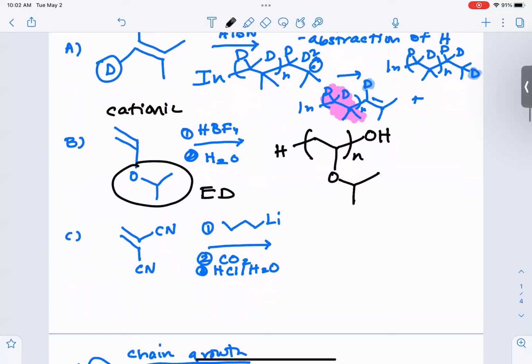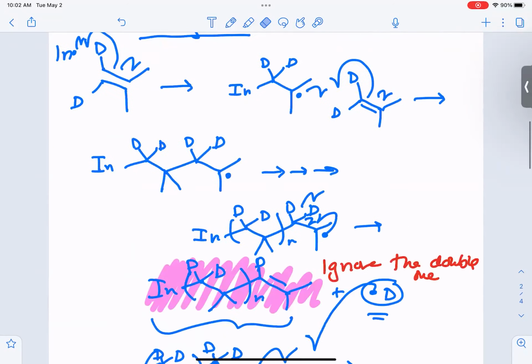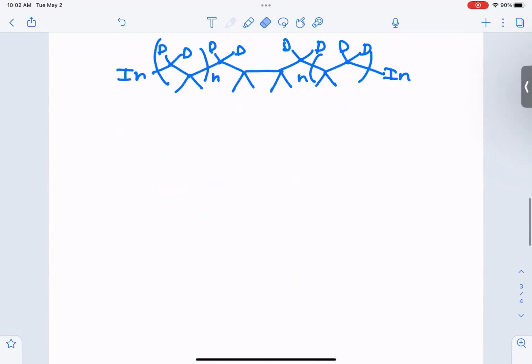So again, this one is not a radical, it's a cation. Right? I'm going to scroll down so that we could see it. So you have that H BF4. You have your monomer.